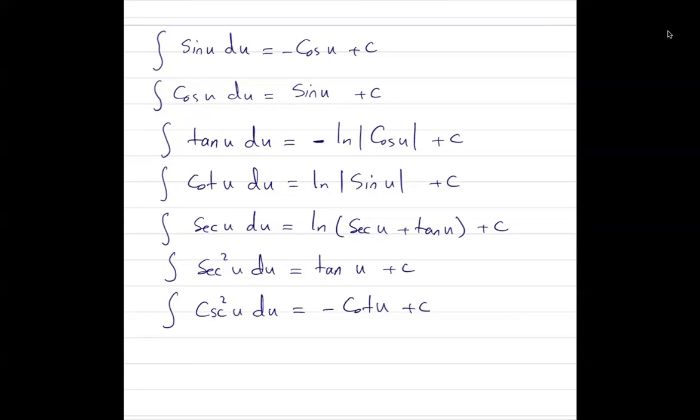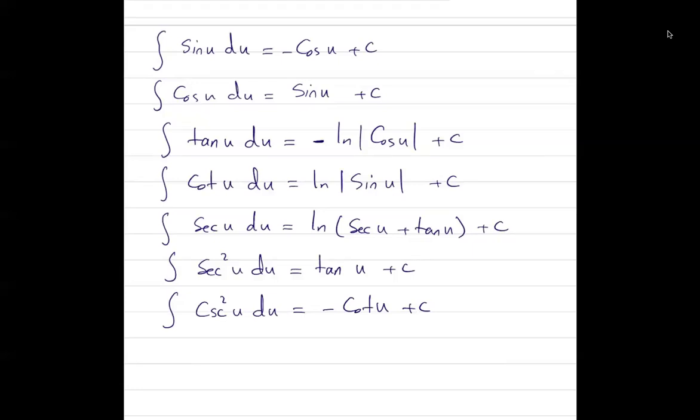So these are the basics of integral when it comes to trig functions. Later on, we're going to talk about hyperbolic sine, hyperbolic cosine, and other types of integrals involving the trig functions.